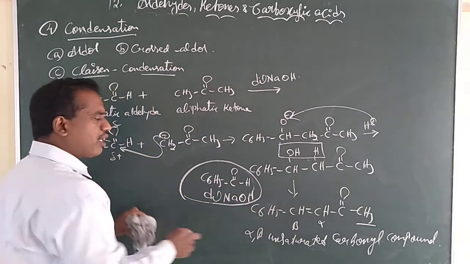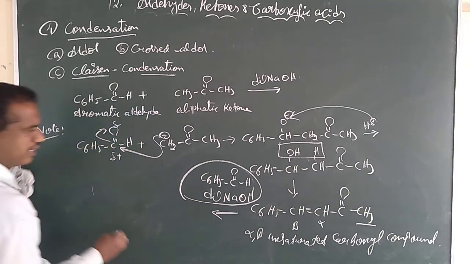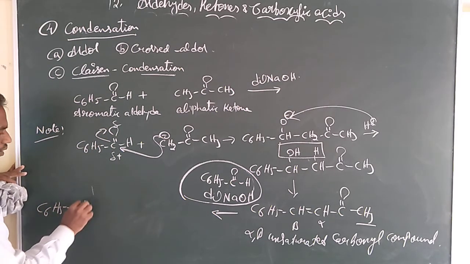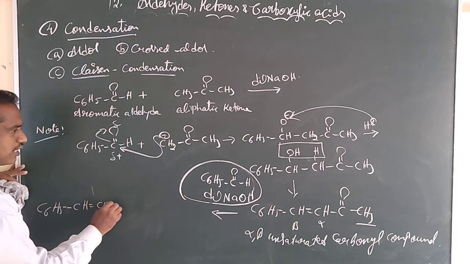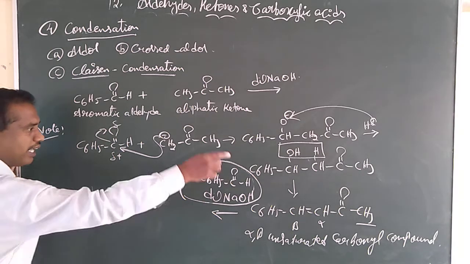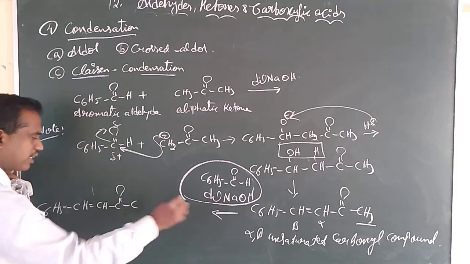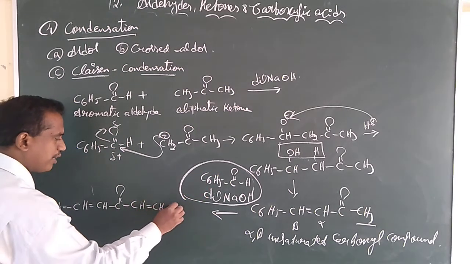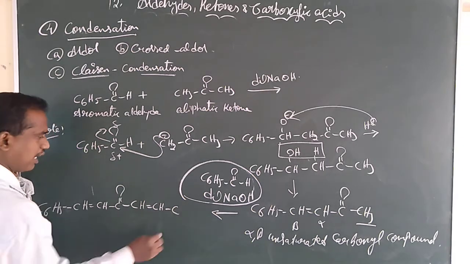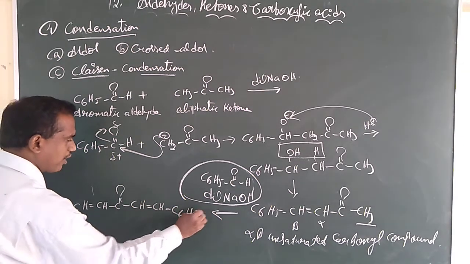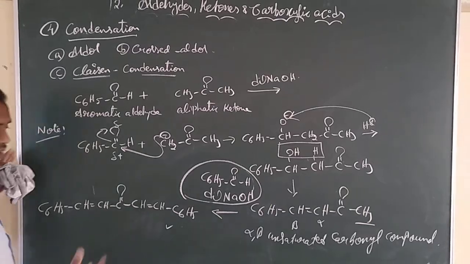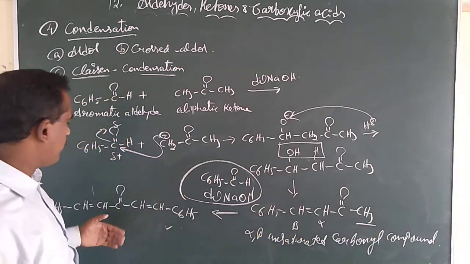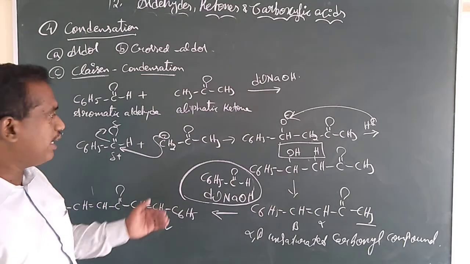Our product will have on the left side C6H5 CH double bond CH, and on the right side CH3 also forms the same part by reacting with this benzaldehyde C6H5. So sometimes due to the presence of alpha methyl groups, they are still involved and go for a further reaction.